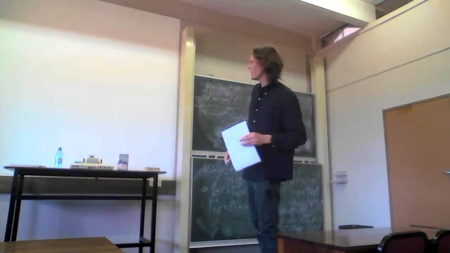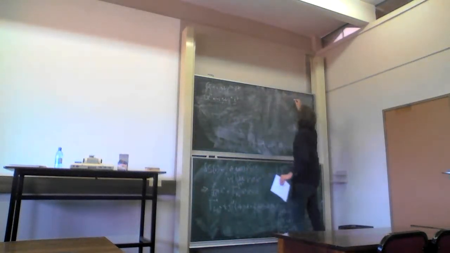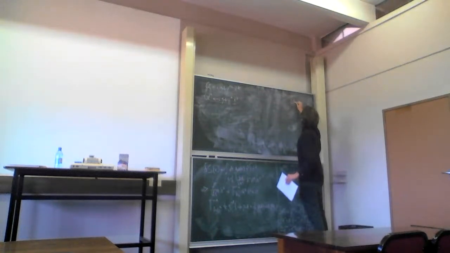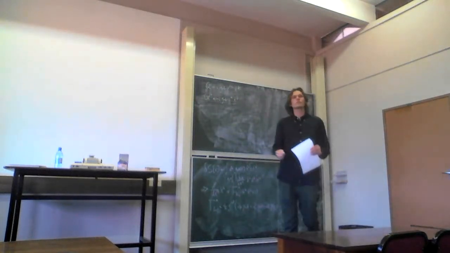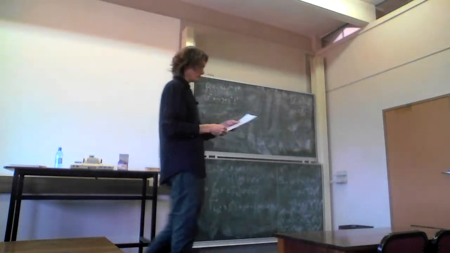I don't have it here anymore, but this commutation relation tells us that B is like minus i d/dx. And this is just, as usual, a derivative.